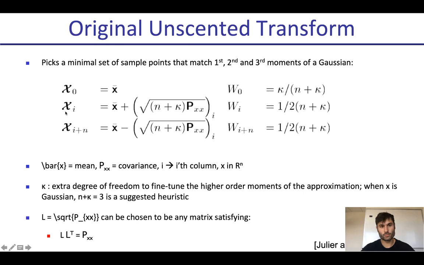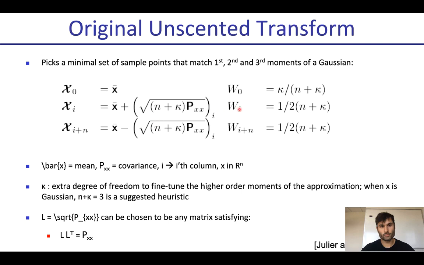So the UKF essentially uses the minimal set of points in order to compute the mean and the covariance of the Gaussian, the Gaussian of p of y. The minimal set of points that the Unscented transform uses are the mean, and then all these points that are n plus k distance away from the covariance.